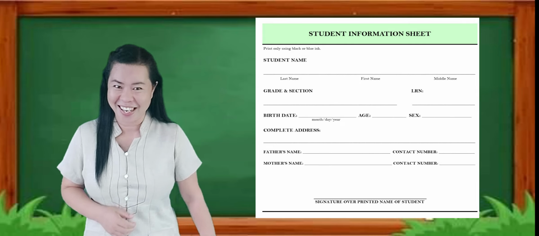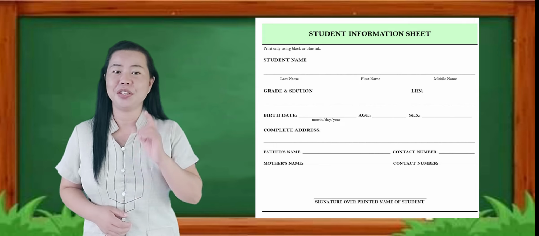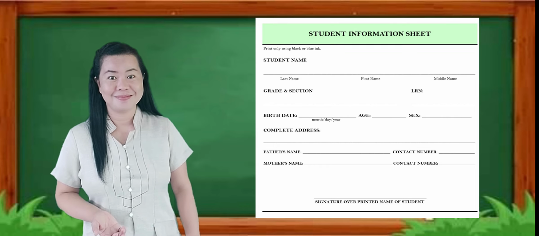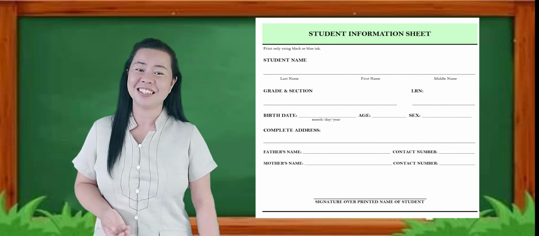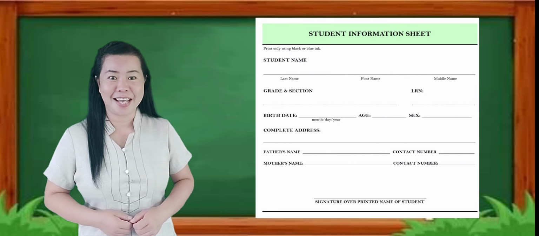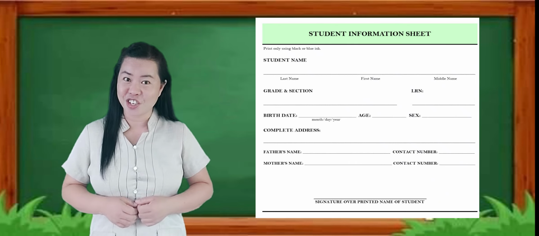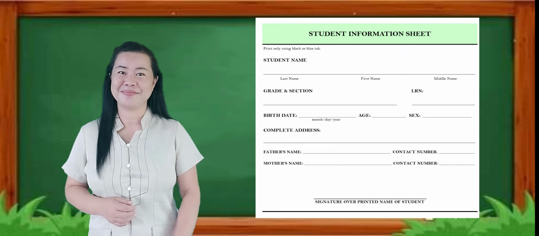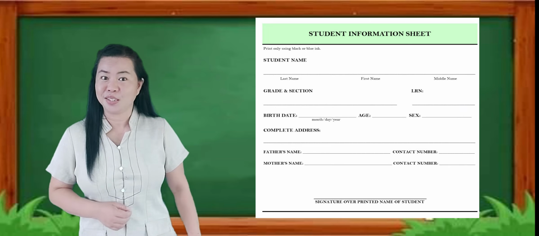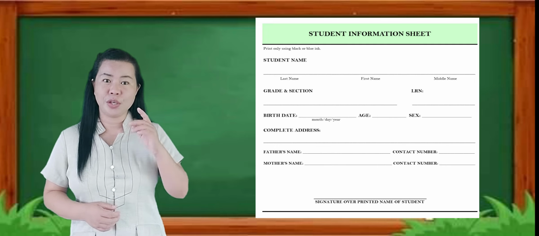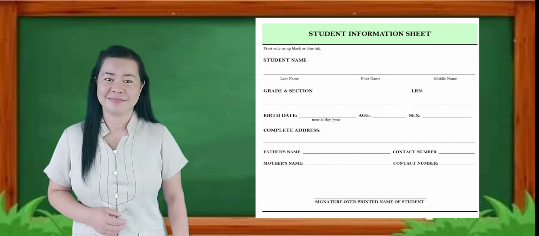Yes? Okay. For the middle name, did you write your mother's maiden family name? Okay, awesome. For the grading section, did you write grade 5 and your new section? Good job. Your LRN is your learner reference number, which was given to you when you entered kindergarten.